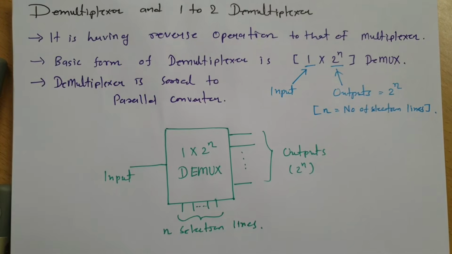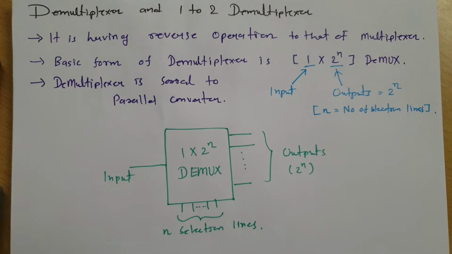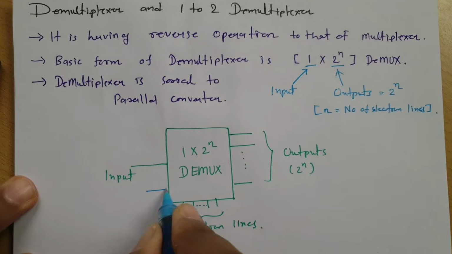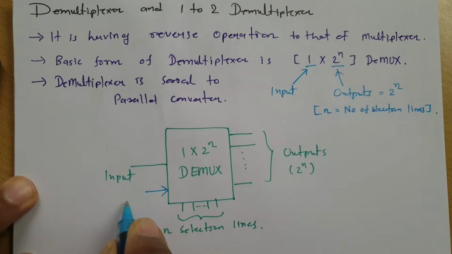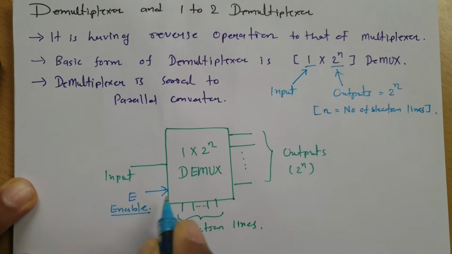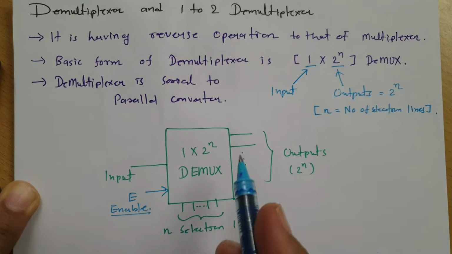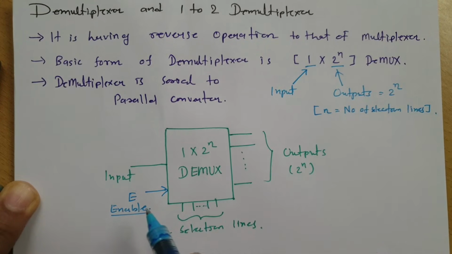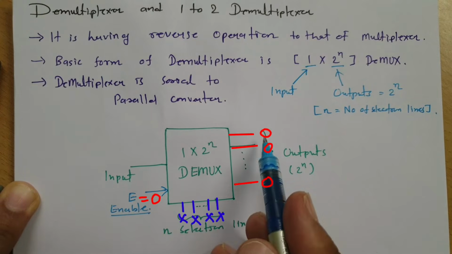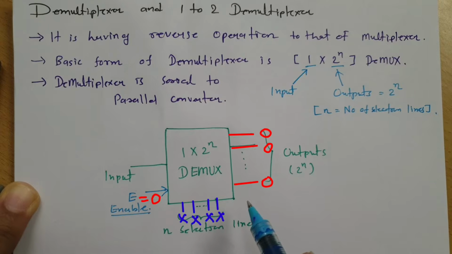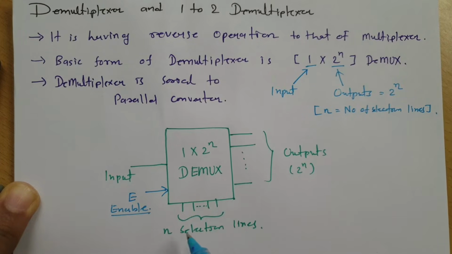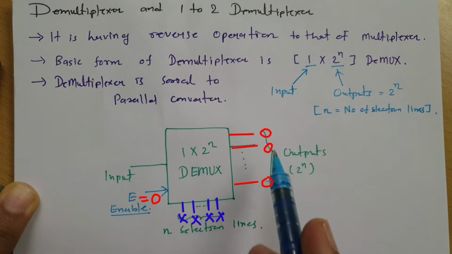Now one thing one should know: in this demux there is a very important terminal, that is the enable terminal. It should be active high for the demux to operate.